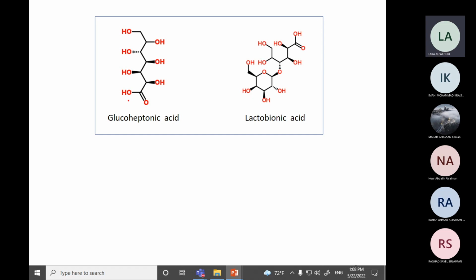This carboxylic acid, when deprotonated, has an ionic interaction with the protonated nitrogen, and look at the rest of the carbons, all of them have hydroxyl groups. So all in all, this will increase the water solubility of the macrolide. Lactobionic acid as well, such a counter ion or salt of the macrolide will for sure also have higher water solubility.